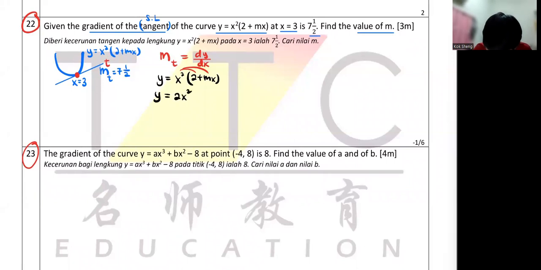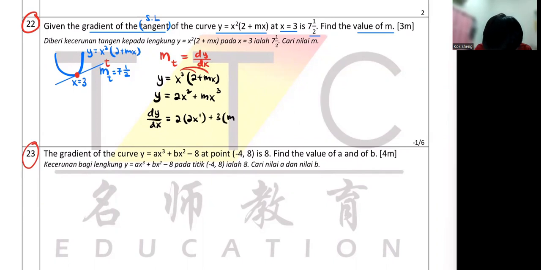x squared times 2, x squared times mx, becomes power 3 already. So now we can differentiate. The answer later will be equal to the gradient of the tangent. Same as usual, the power of x times minus 1.